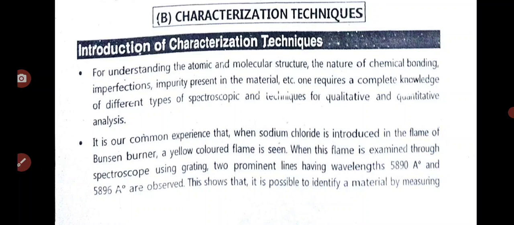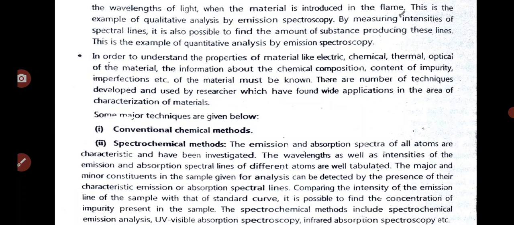In this method we study the emission and absorption spectra of all atoms, which are characteristic and have been investigated, and the wavelengths as well as the intensities of the emission and absorption spectral lines of the different atoms are tabulated.